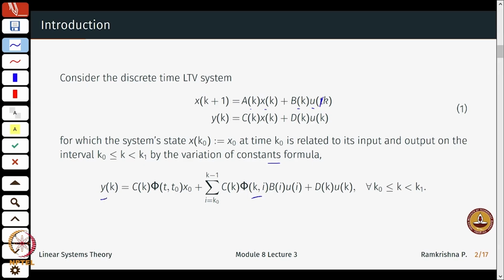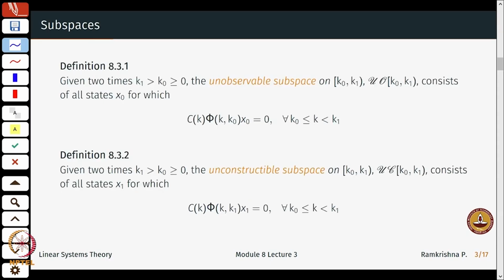I just substitute for the output, so that y of k looks like C of k, phi of k, k naught, x naught, and then a bunch of terms here. So we did derive this in one of our earlier lectures. Okay. So the definitions go very similar to the continuous time counterpart.